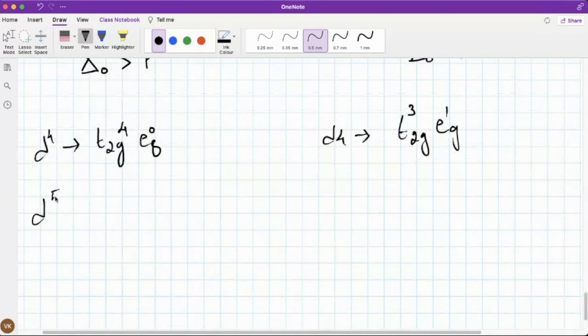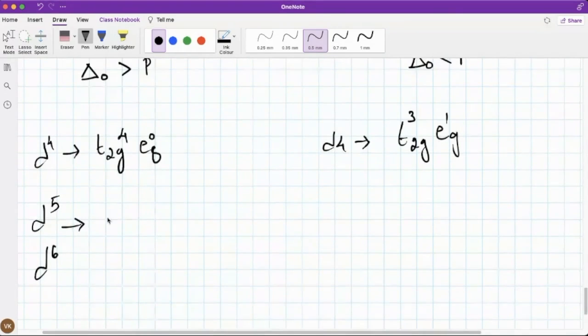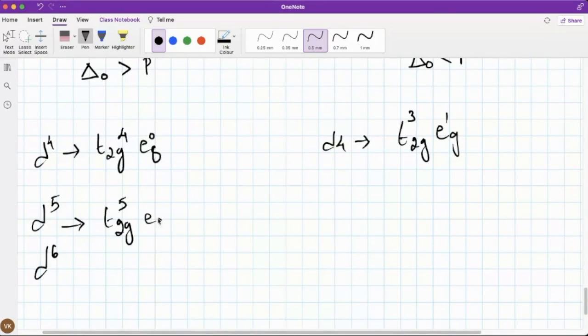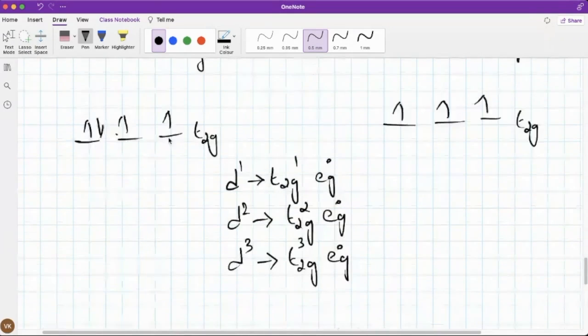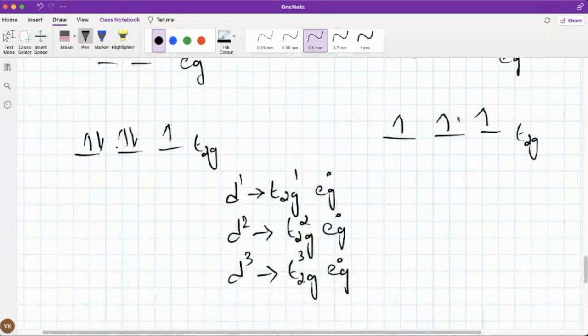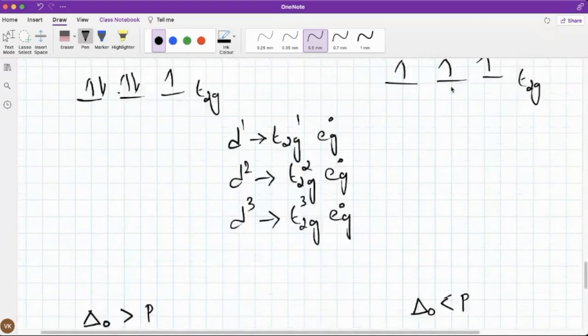Now D5, D6, like this we can have the same situation. Here it will be T2G5, EG0 for D5, and T2G3, EG2, that is 5 electrons, so you keep putting one electron each.